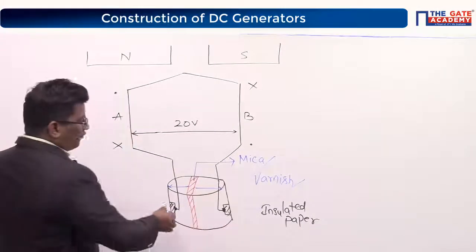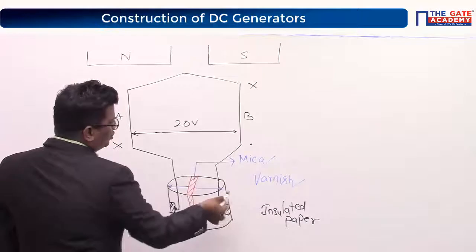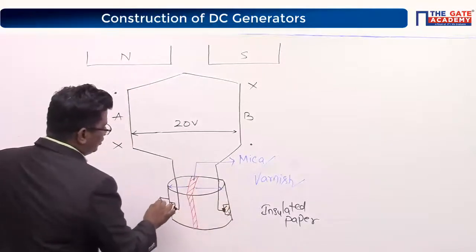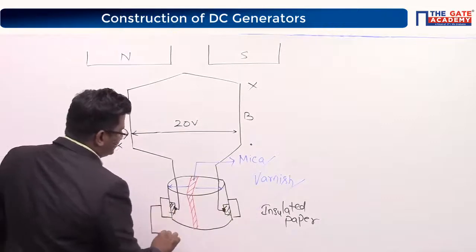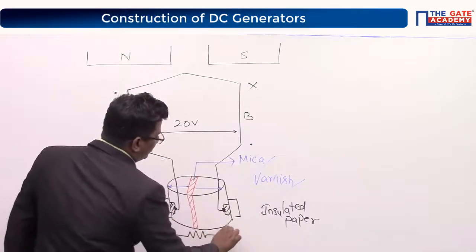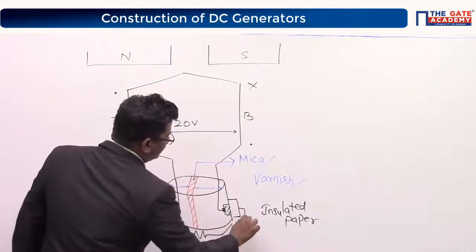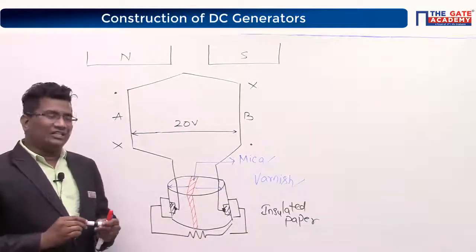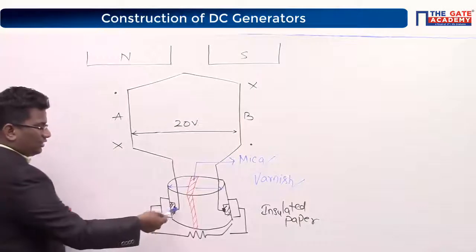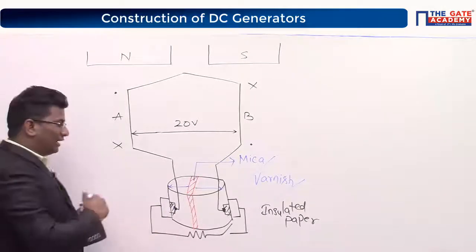Now tell me, if 20 volts is available between these two, then you require a metallic connection to transfer the load. Right? Definitely it should transfer the current.